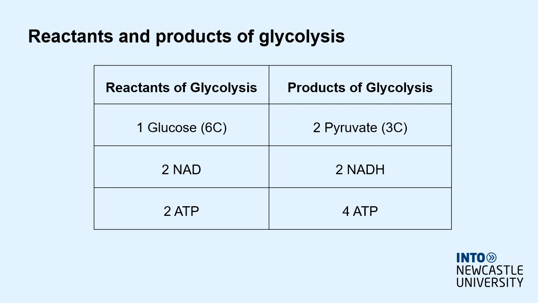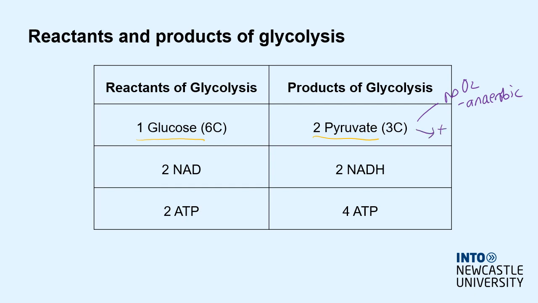Finally, it's always really useful to keep a track of the reactants and products in these reactions. So here we've got a summary of the reactants and products of glycolysis. So we started with glucose with 6 carbons. At the end of glycolysis, we'll have 2 molecules of pyruvate. Now, these pyruvate molecules, if there's no oxygen, they'll enter into the anaerobic pathway, and we'll talk about that in a future lecture.